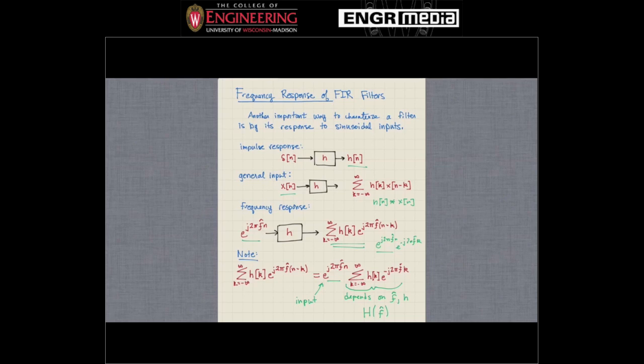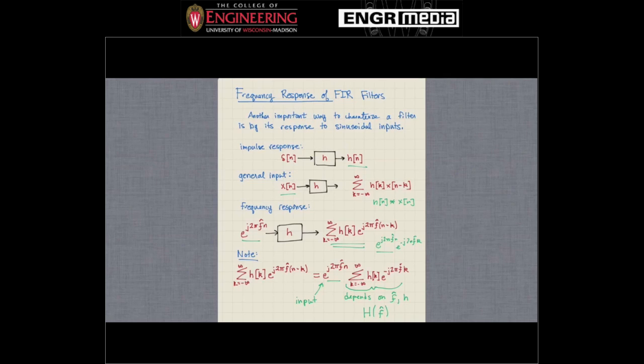Again, let me try to state why that's important. When we input a complex exponential into an LTI system, here just think of an FIR filter, the output we get is just another complex exponential at the same frequency f hat, now scaled by some number.